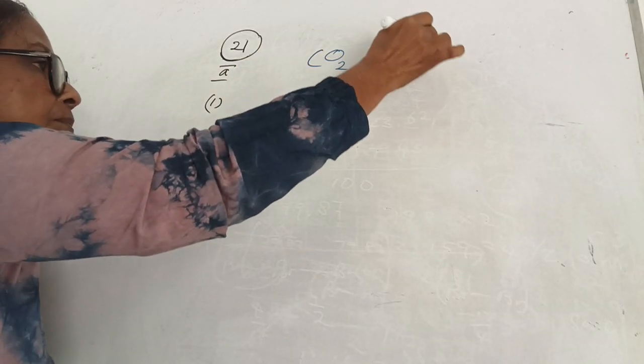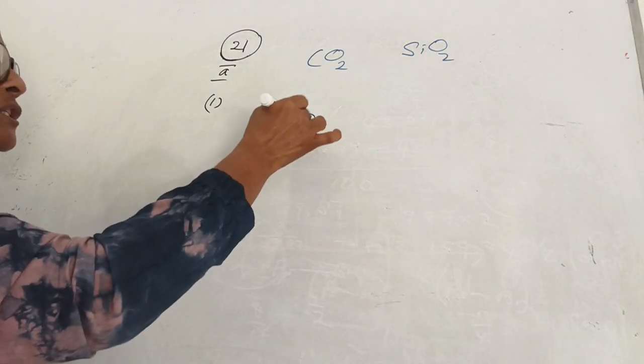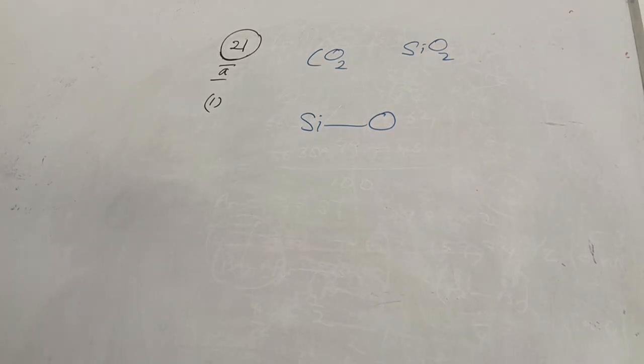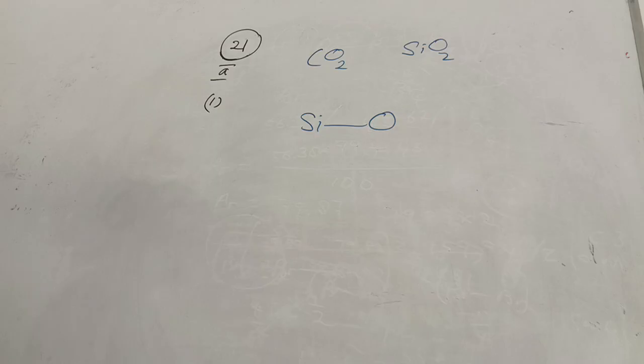This information is provided at the very beginning. The first question is to describe the covalent bond between a silicon atom and an oxygen atom in silicon dioxide, in terms of the particles involved. It gives you 2 marks.